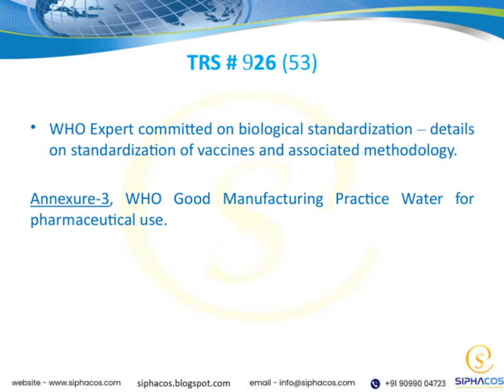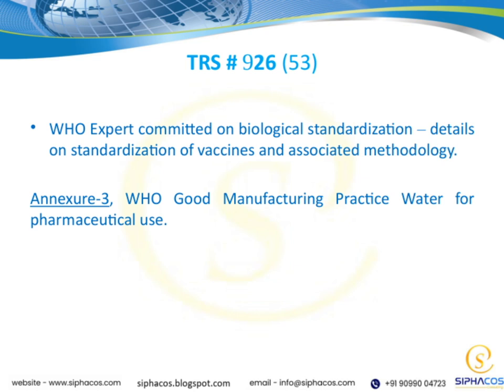Let's take a closer look at WHO's expert commitment to biological standardization, which is essential for ensuring the safety and efficacy of vaccines. This involves developing and maintaining standardized procedures and reference materials that laboratories worldwide can rely on. Specifically, on Annexure 3, we see the WHO Good Manufacturing Practice Guidelines related to water for pharmaceutical use.